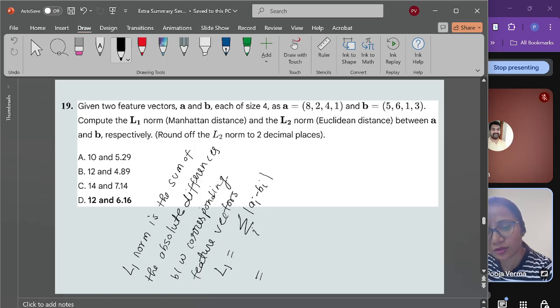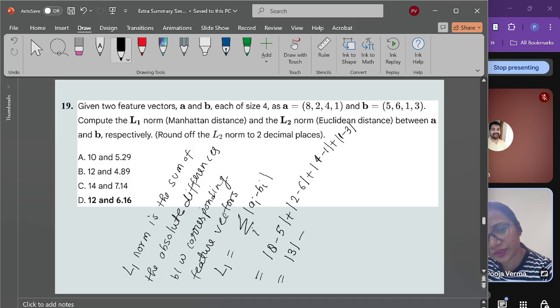So we just have to calculate 8 minus 5, plus 2 minus 6, plus 4 minus 1, plus 1 minus 3. Absolute differences between these vectors, and the sum of all those absolute differences.